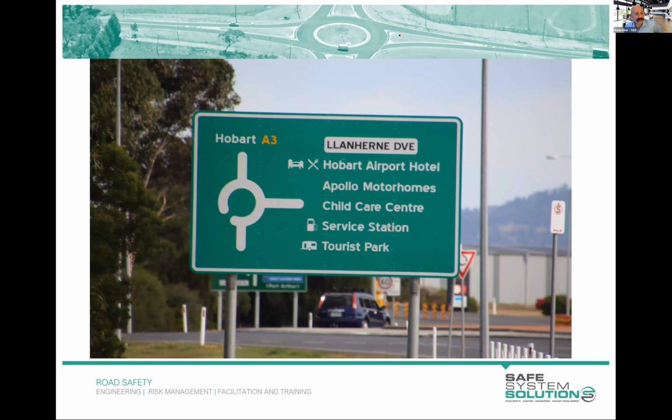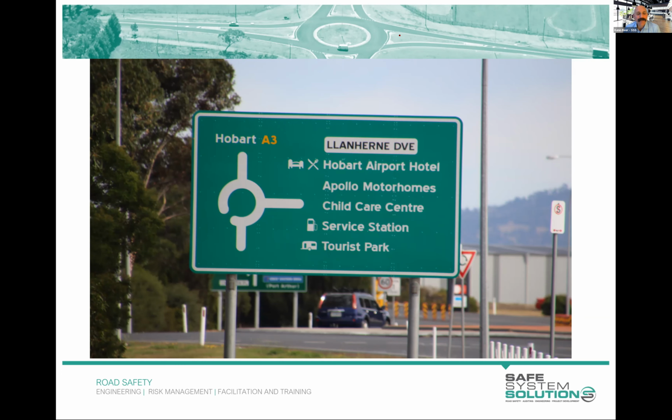So here's an interesting one. You come out of Hobart International Airport with your hire car, and this is the first sign you hit. And this is the first roundabout you potentially have seen in your life because you come from Texas or somewhere, who knows?